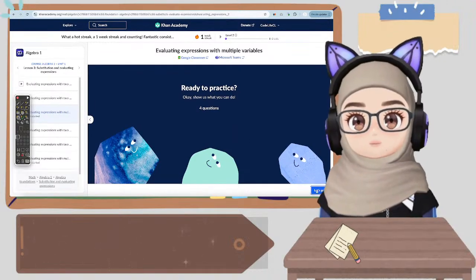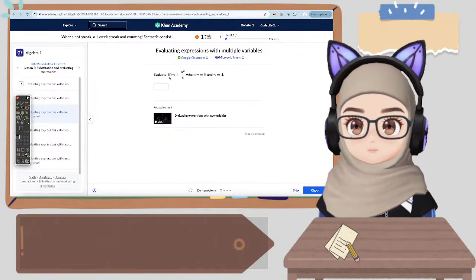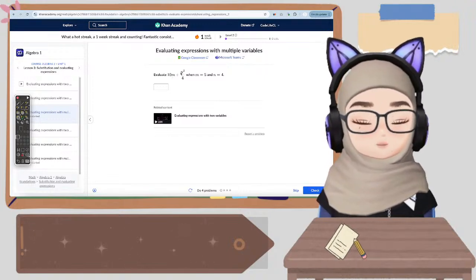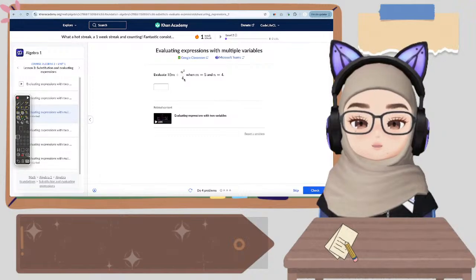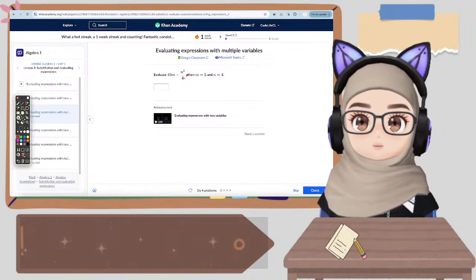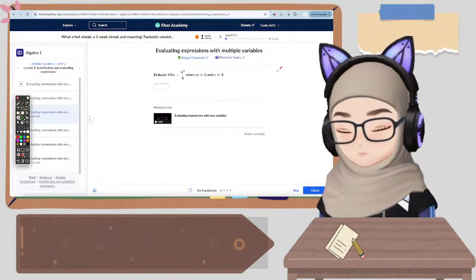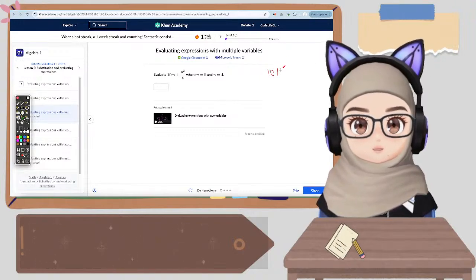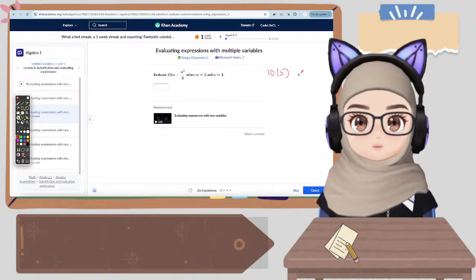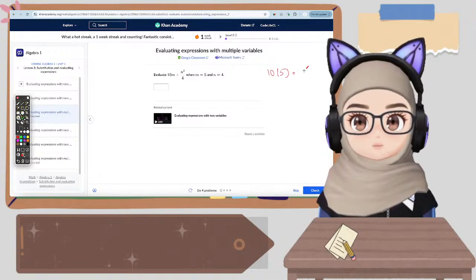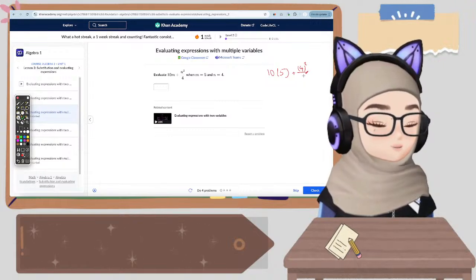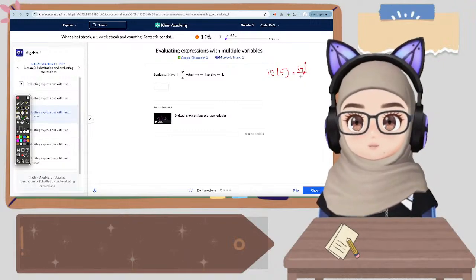All right. So, 10m plus n squared divided by 4. So let's write it out here. We have 10, the m is 5, plus 4 squared, I need a calculator, divided by 4.